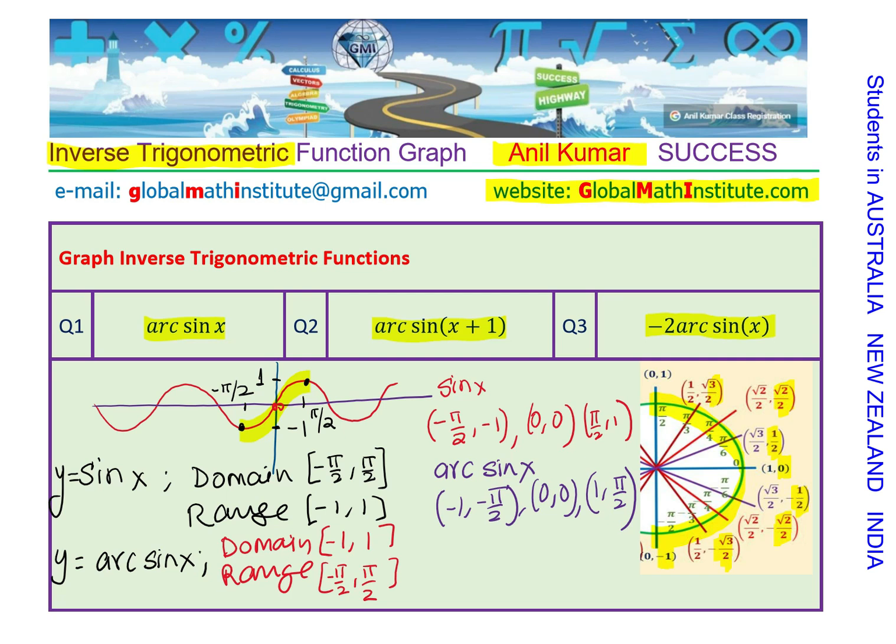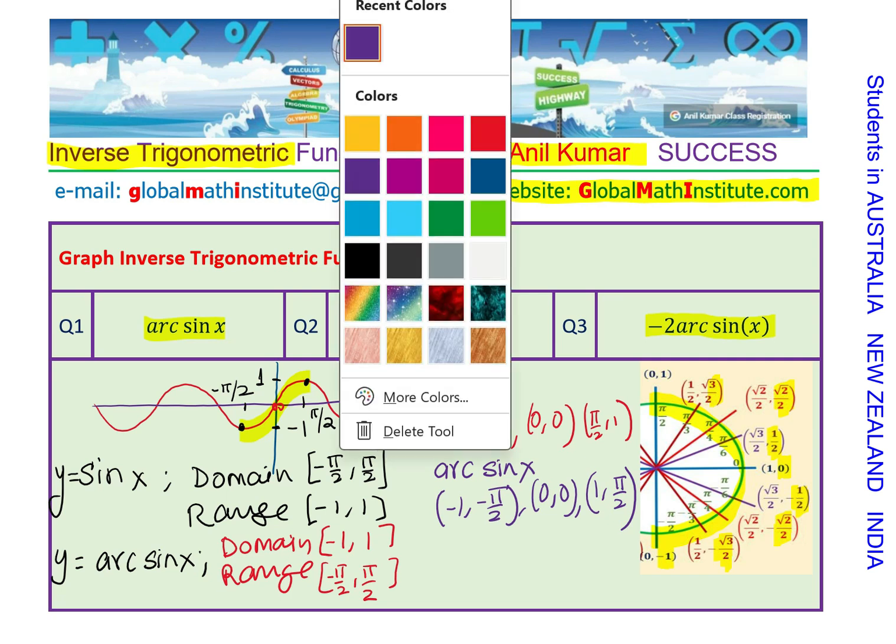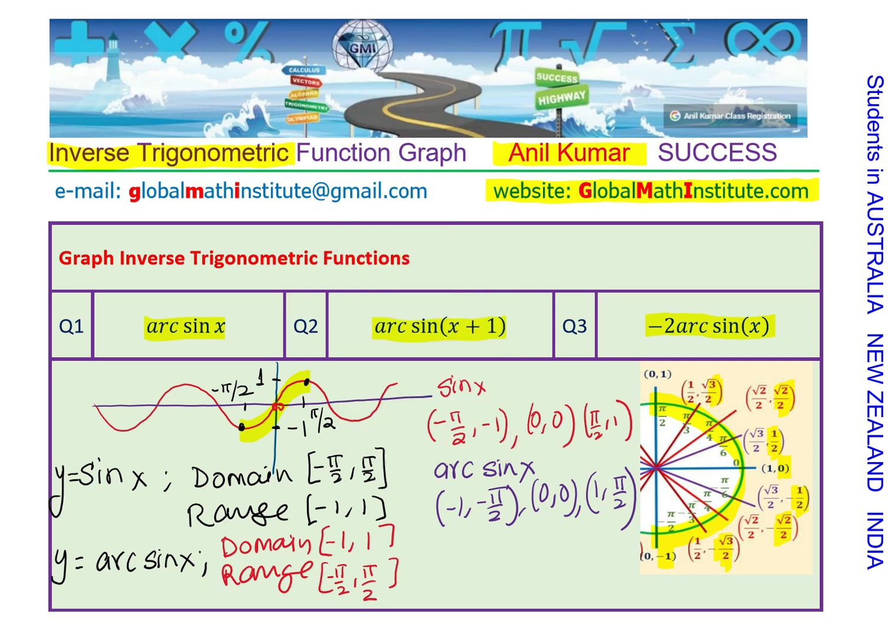As you can see from this graph, the point at minus pi by 2, minus 1 now becomes minus 1, minus pi by 2. Now when I say pi by 2, it is 1.57, more than 1.5 times.